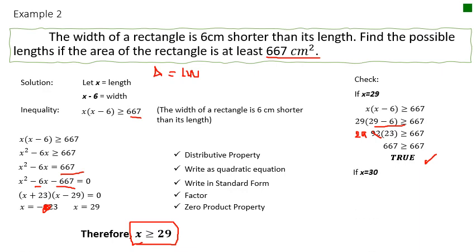Then last, let us check naman number greater than 29, which is 30. If x is 30, using the inequality, substitute the value of x. 30 minus 6 is 24. 30 times 24 will give you 720 is greater than or equal to 667, and this is true.